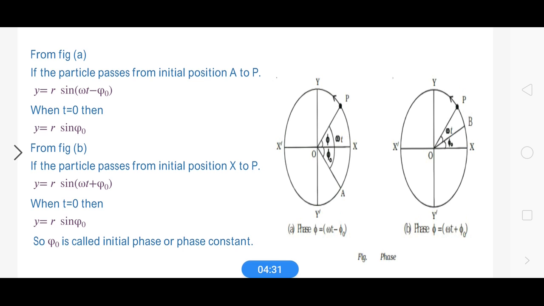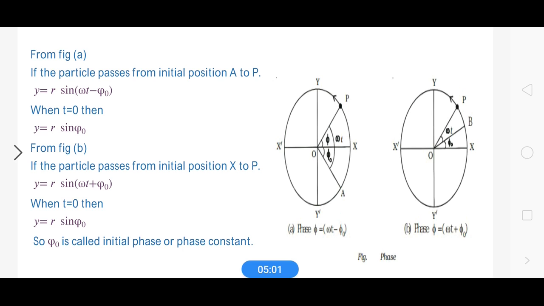The displacement is phi with respect to the horizontal axis; the initial position is at an angle of phi naught, and during the time t seconds it is shifted to point P, which is at an angle of phi.